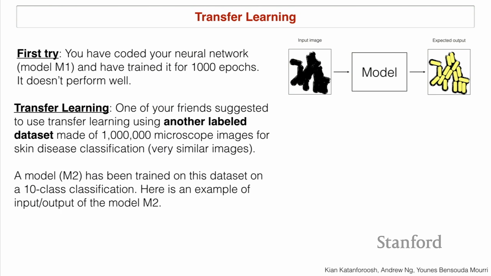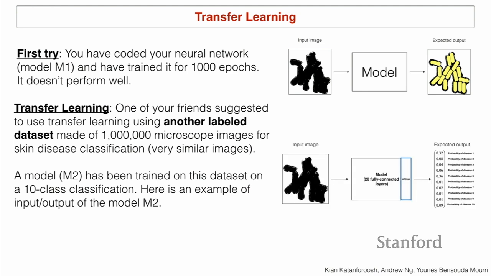So a model M2 has already been trained by another research lab on this new data set on a 10-class disease classification. And so here is an example of input-output of the model. You have an input image that probably looks very similar to the ones you're working on. The network has a certain number of layers and a softmax classification at the end that gives you the probability distribution over the disease that seems to correspond to this image.